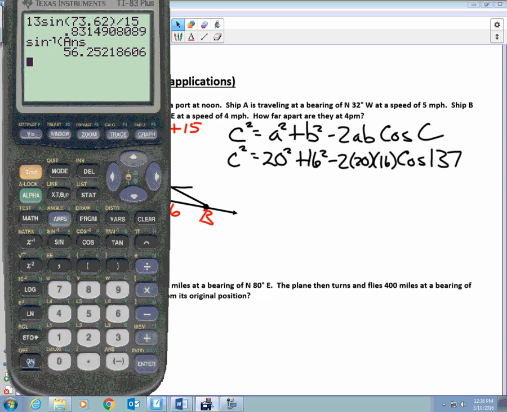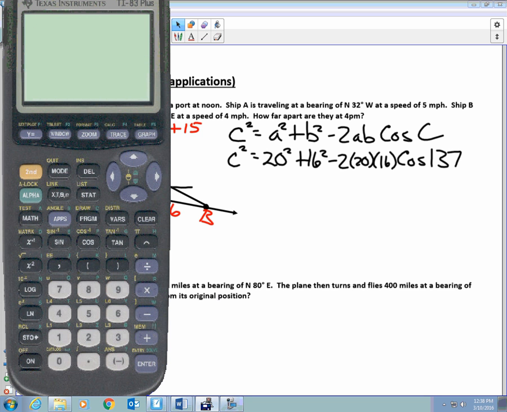This is easy now because we all know how to solve the law of cosines and use it. 20 squared plus 16 squared minus 2 times 20 times 16 times cosine 137. And I will square root the answer, 33.53.